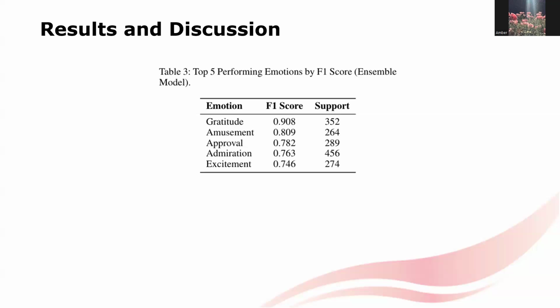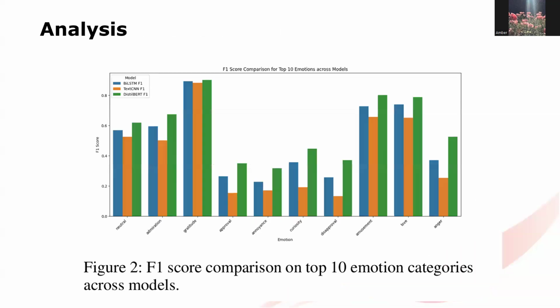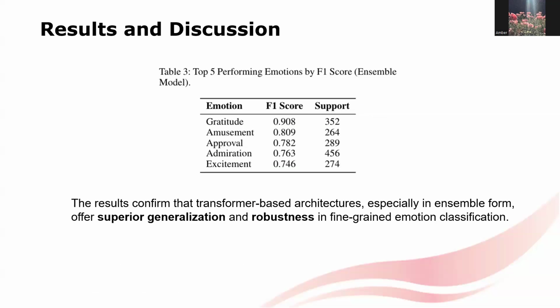These emotions tend to have clearer expression in text, making them easier to detect. Overall, the results confirm that transformer-based models, especially in an ensemble, offer strong generalization and robustness in fine-grained emotion classification.